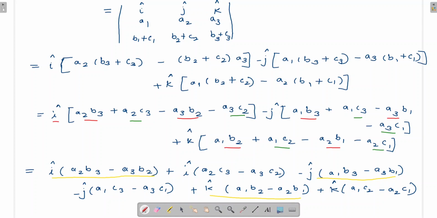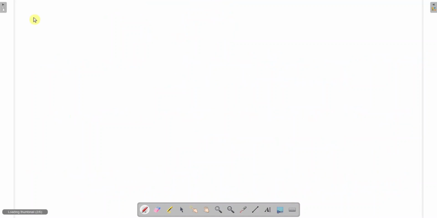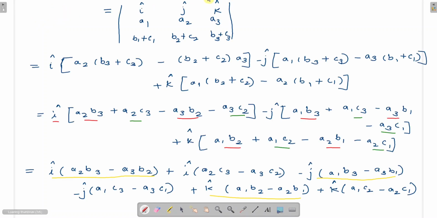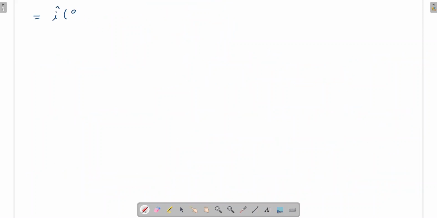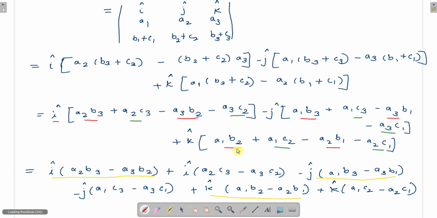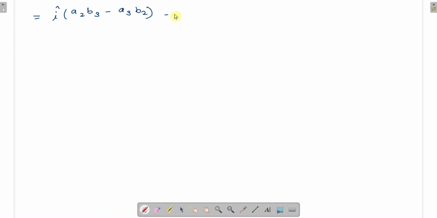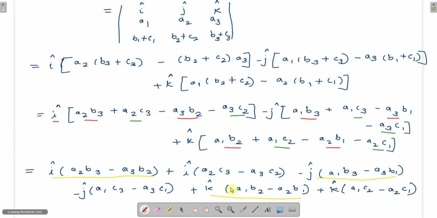Okay, so what we will get is i cap (a2 b3 minus a3 b2), then minus j cap (a1 b3 minus a3 b1), then plus k cap (a1 b2 minus a2 b1).